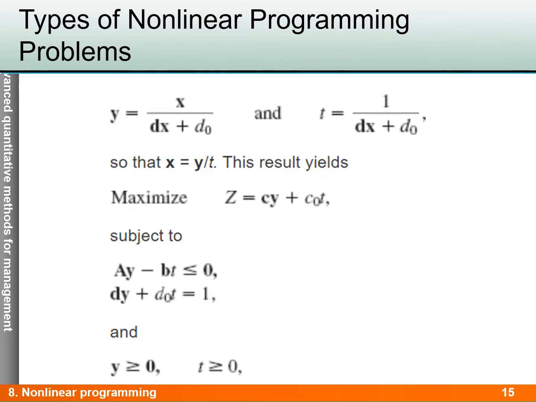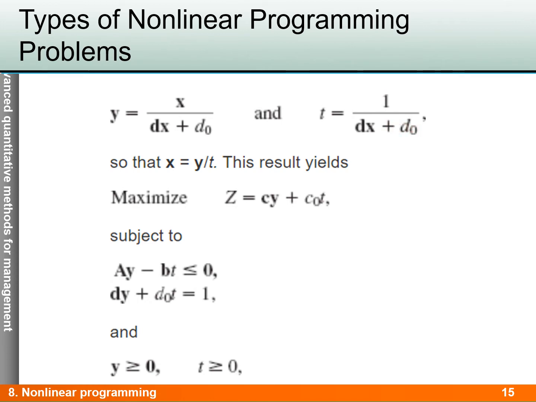So, to make this problem solvable, we need to assume these two equivalents, a new variable y as x divided by dx plus d0, and t as 1 divided by dx plus d0.